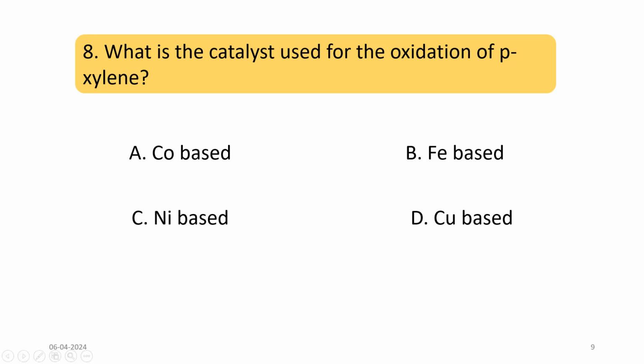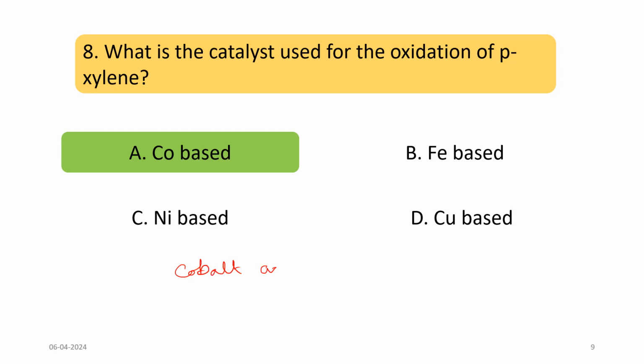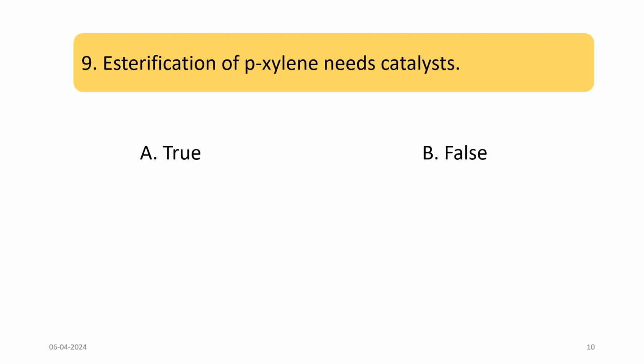The answer is cobalt-based catalyst. The name of the catalysts are cobalt acetate or cobalt naphthenate. Okay. So this is a cobalt-based catalyst used for the oxidation of the p-xylene.